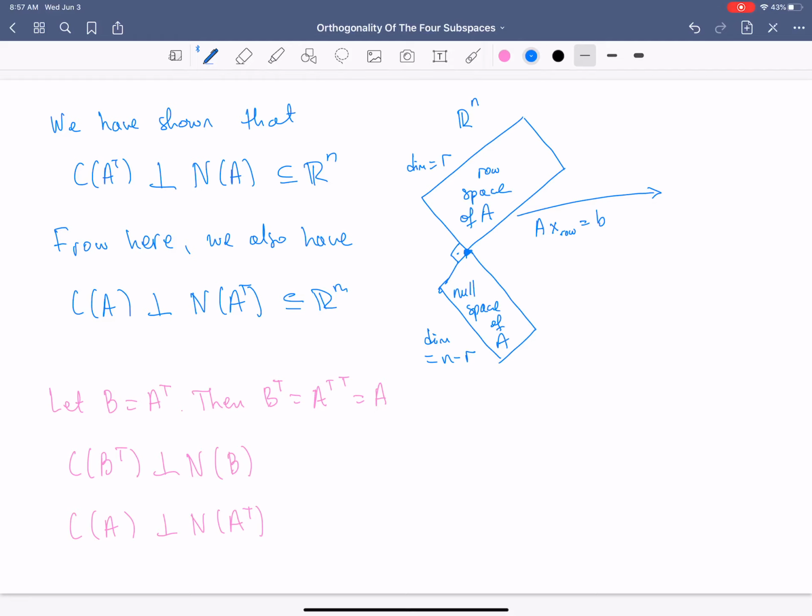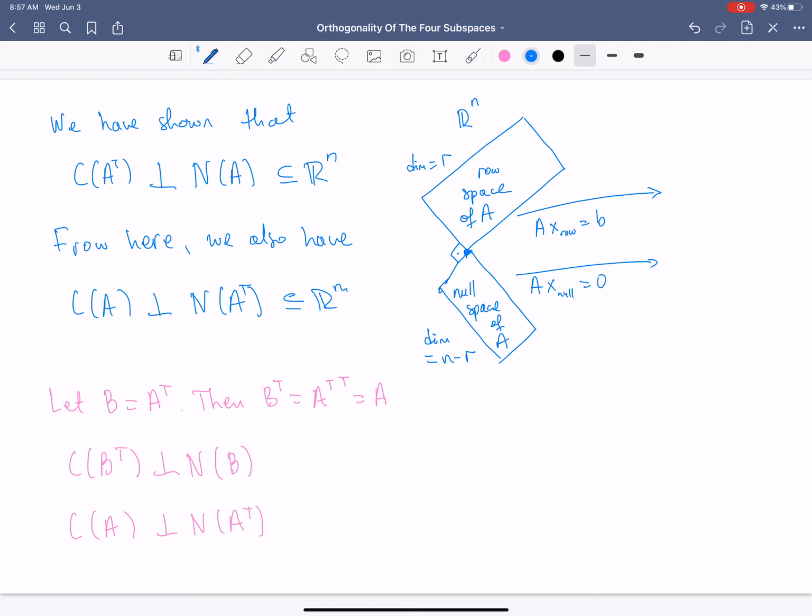Whereas if I take A and multiply it by x in the null space, I'm going to get 0. So the way to get something non-zero is to take a vector from the row space. The way to get a 0 is to take a vector in the null space.